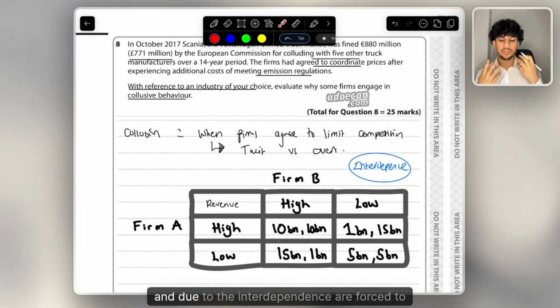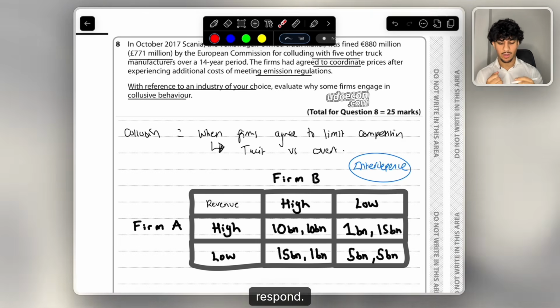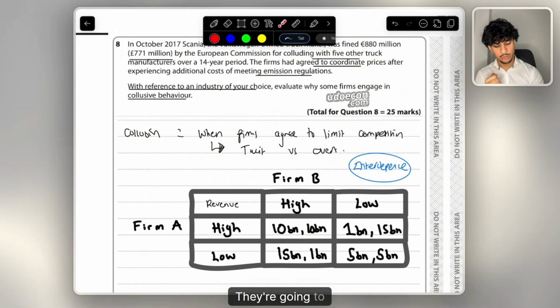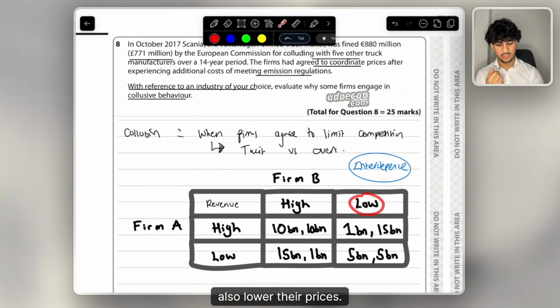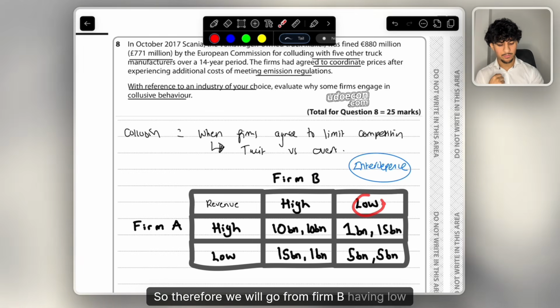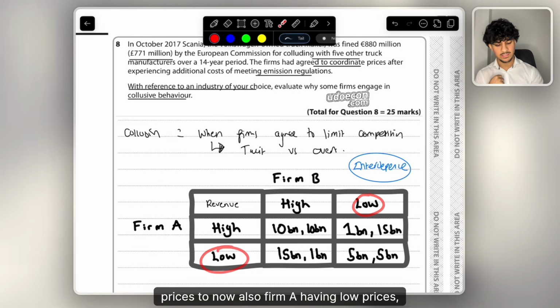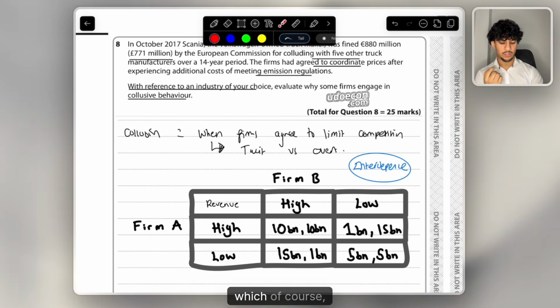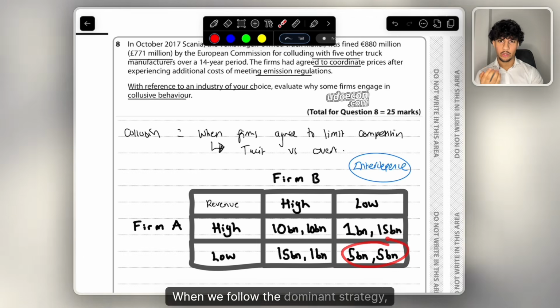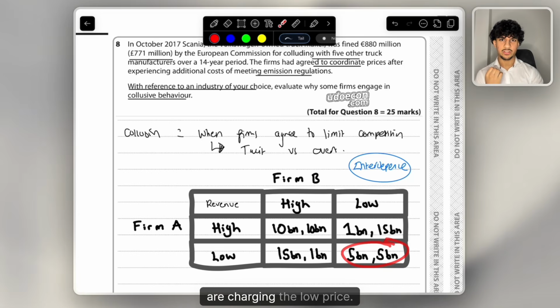So firm A, due to the interdependence, are forced to respond. And how are firm A going to respond? They're going to also lower their prices. So therefore, we will go from firm B having low prices to now also firm A having low prices, thus leading to this box here, which of course, what do we call this box here? When we follow the dominant strategy, this is called the Nash equilibrium, where both firms are charging the low price.